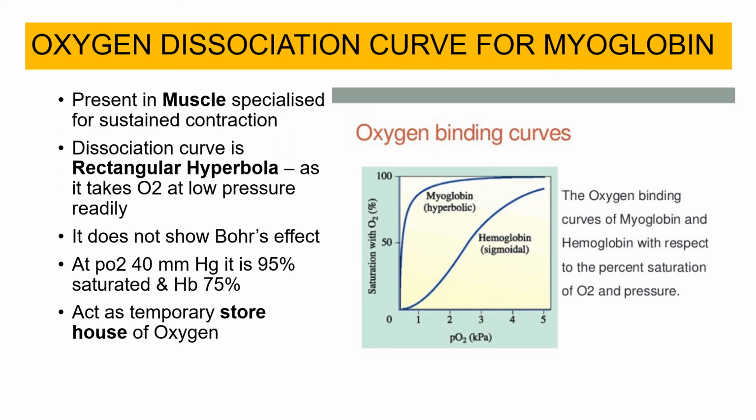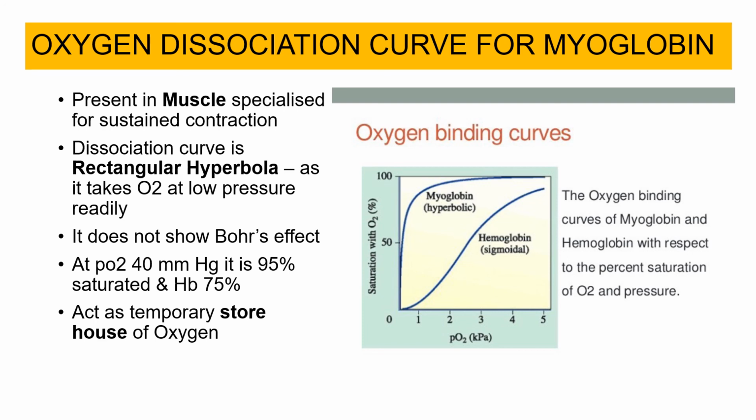Now see the oxygen dissociation curve for myoglobin. Myoglobin is present in muscle and is specialized for sustained contraction. The dissociation curve is a rectangular hyperbola as it takes oxygen at low pressure readily, but it doesn't dislodge. This is the basic funda.